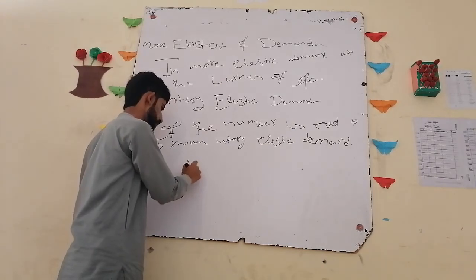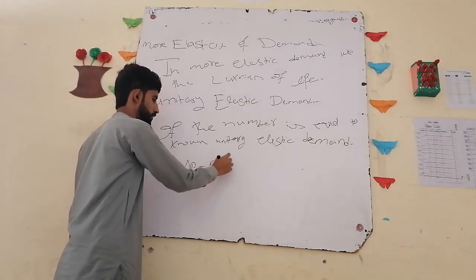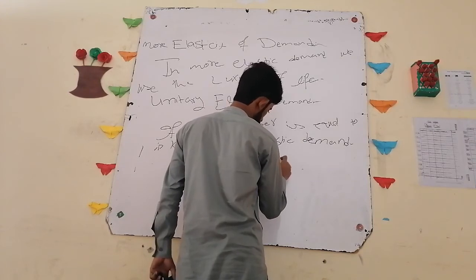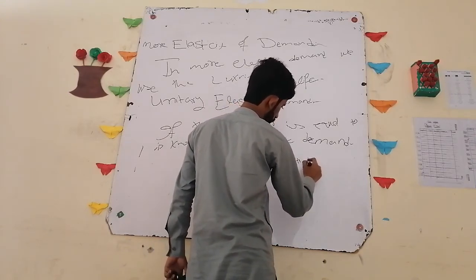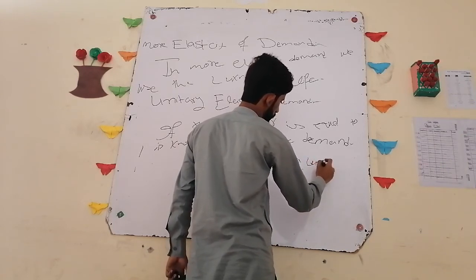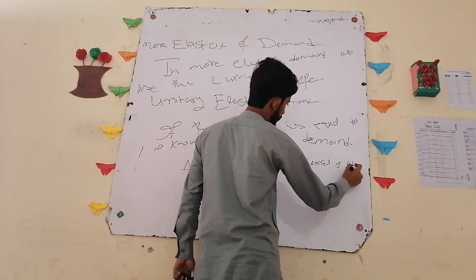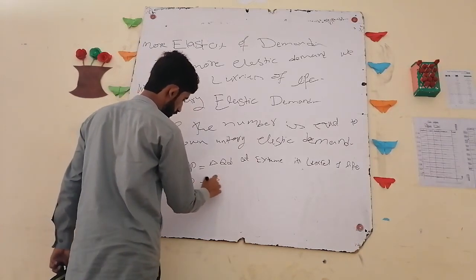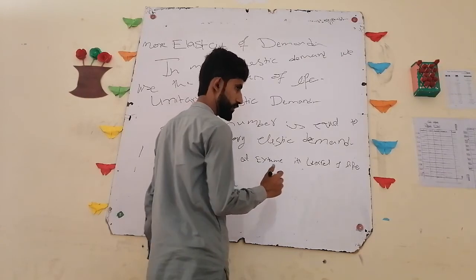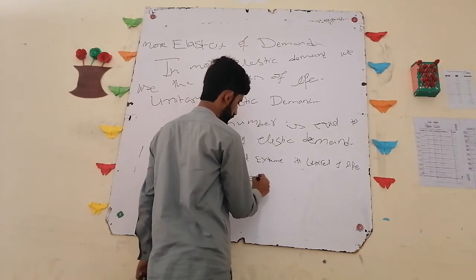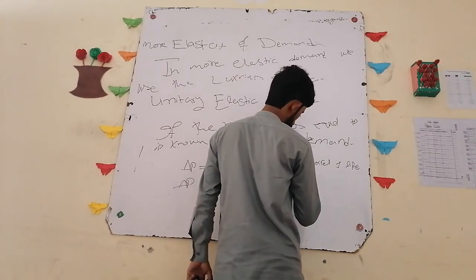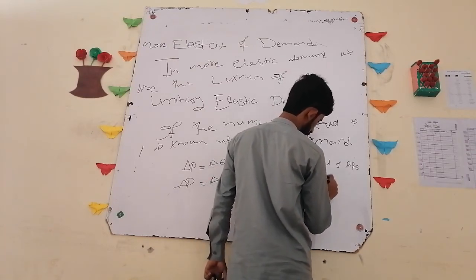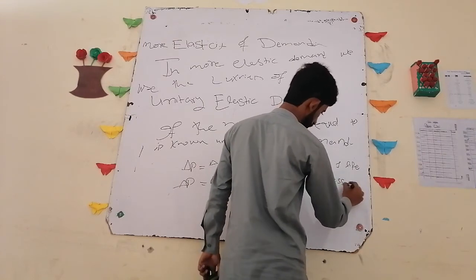Change in price equal to change in quantity demanded at the extreme, luxuries of life, means more elastic demand. If the change in quantity demanded is less than 1, it is known as less elastic demand.